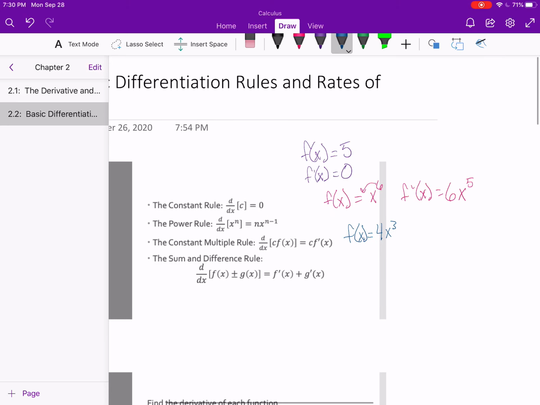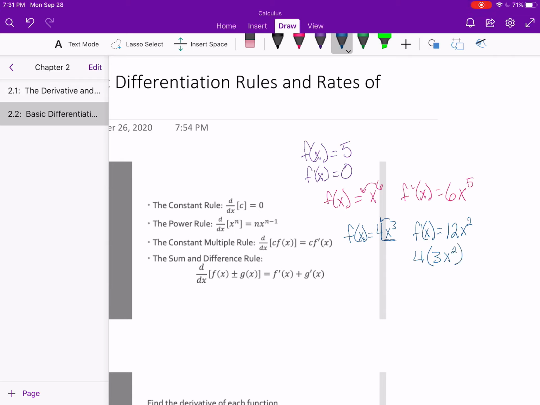What that's saying is we can take that 3 down times that 4 to get 12, and then we bring that 3 down to 2. So the derivative of 4x cubed is 12x squared. Notice that's the same as if we just did 4 times the derivative of x cubed by itself, which would be 3x squared.